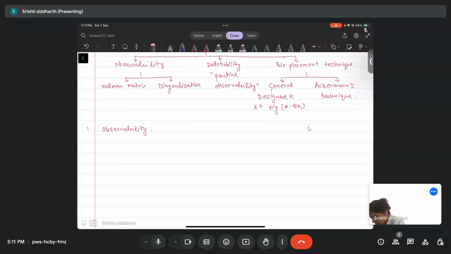So just recall the Kalman's test. Let's say you have a system x dot equals Ax plus Bu. We have n states. The observability matrix, let's write it as O, is given as C, CA, CA square, up to CA^(n-1).